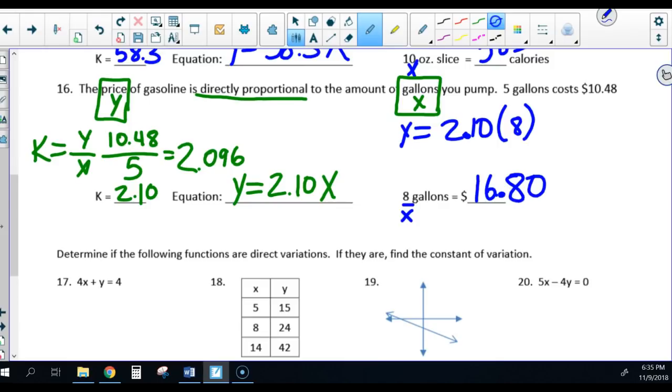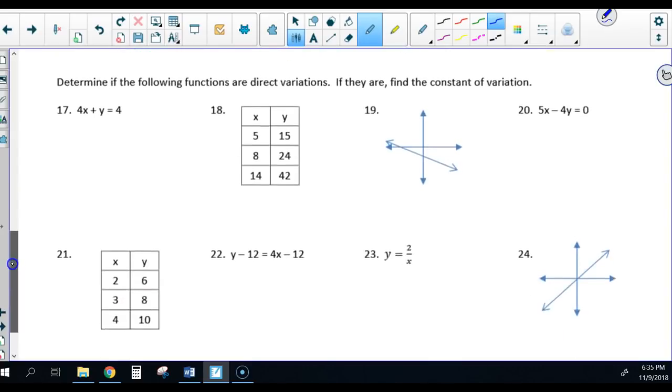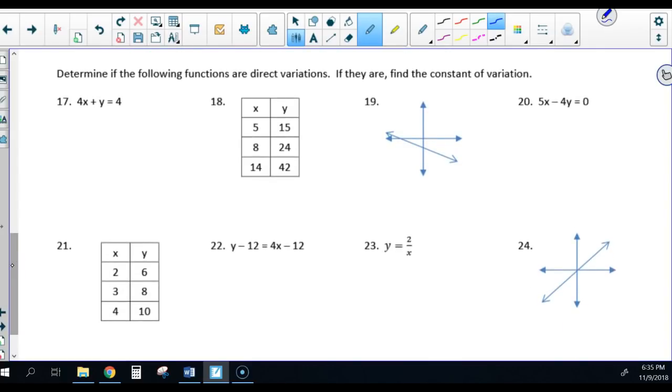Lastly, we're moving on to direct variation. Just straight, is it direct variation or not? If they are, find the k, constant of variation. So we have equations, tables, graphs. I know that an equation needs to be able to be written as y equals kx if it is a direct variation. So I'm looking at number 17. Can this be y equals kx?